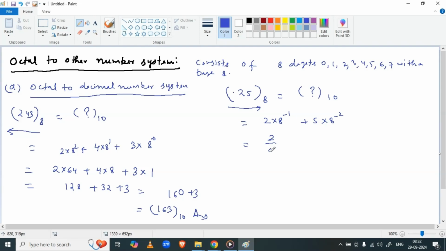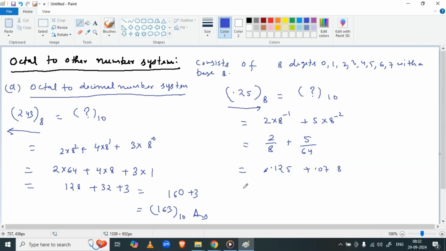So 2 by 8 plus 5 by 64. 2 divided by 8 is equal to 0.125, plus 5 by 64, which is equal to 0.078.